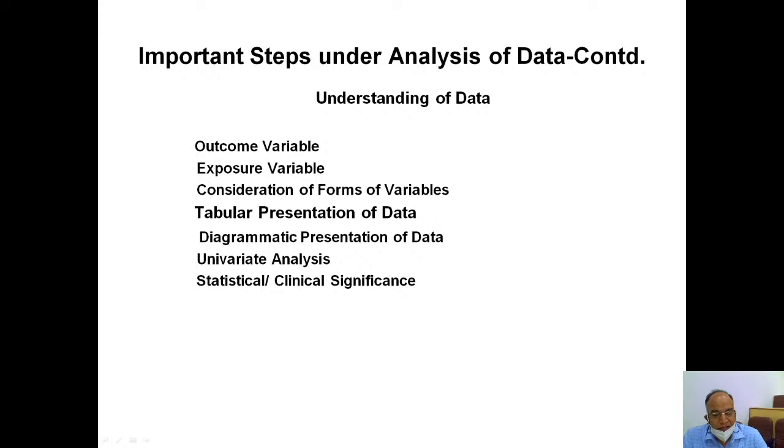Many diseases have a gender differential, like many diseases are very high among women, and many might be higher among men. So gender and age are well known confounders for many diseases. So which form of the variable do I need to take while adjusting the result and the outcome in relation to these variables?